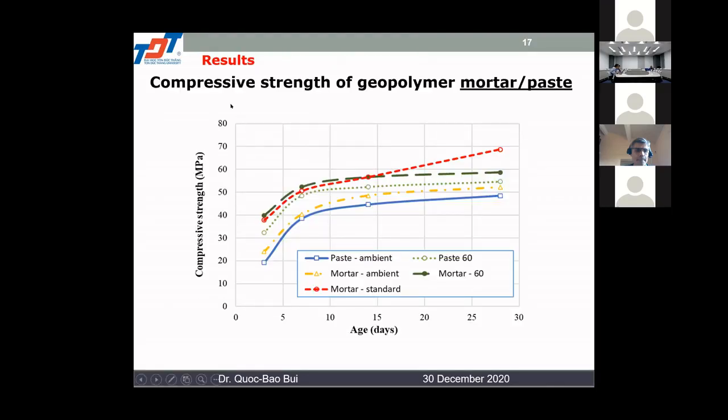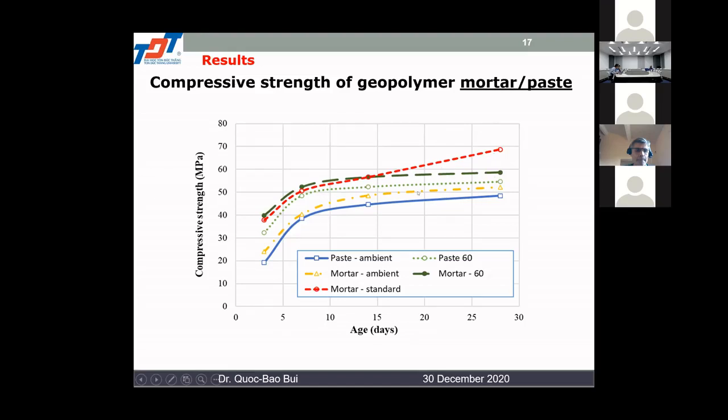The result about compressive strength of geopolymer mortar or paste: as I said, there are no standards on geopolymer paste or mortar, so we try three types: the paste, the mortar, and the mortar following standards. And we obtain the relationship between the compressive strength and the time for different compositions, and we can see that the geopolymer mortar or paste have higher compressive strength than GRAC.